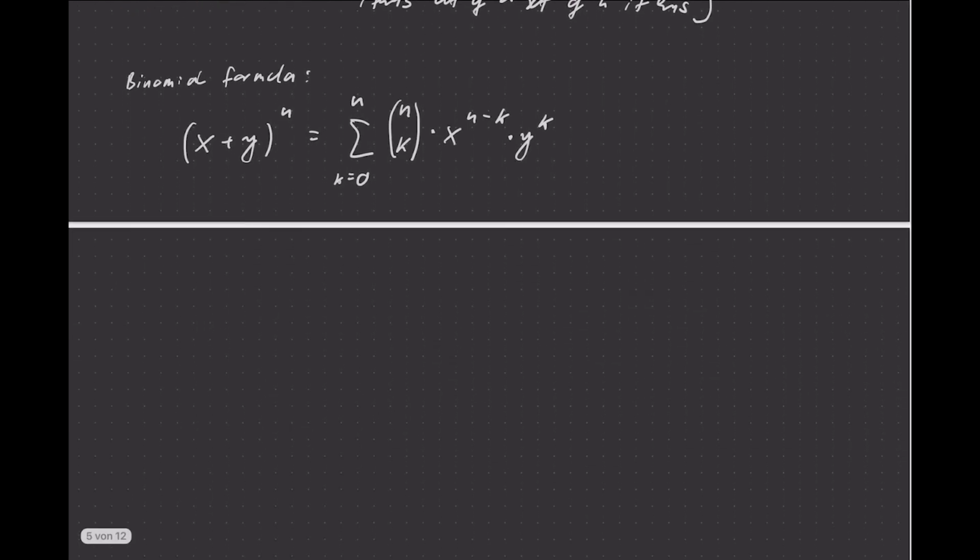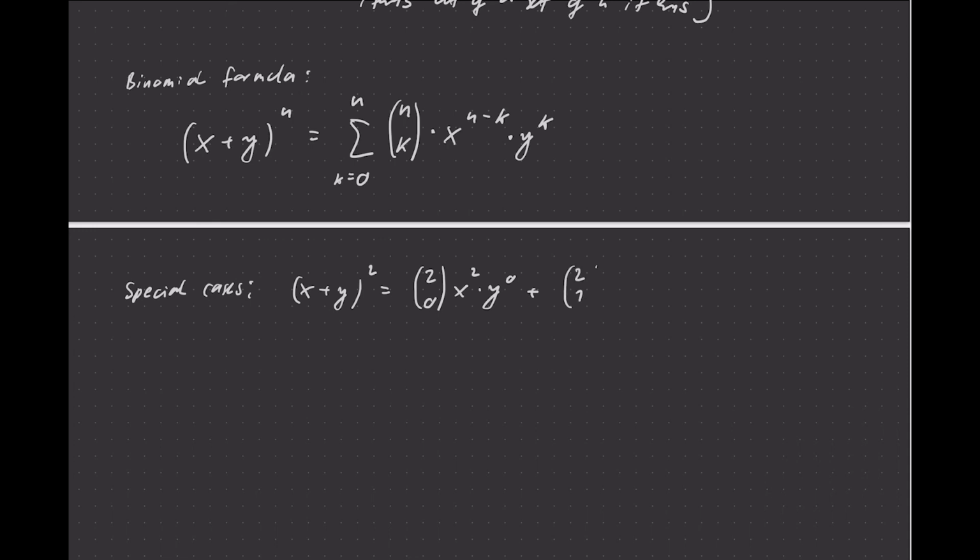You are probably familiar with a number of special cases, which will appear very often. The most well-known is n equals 2, so x plus y squared, for example. What do you get here? We evaluate that sum, then we have 2 choose 0 times x squared times y to the power of 0.